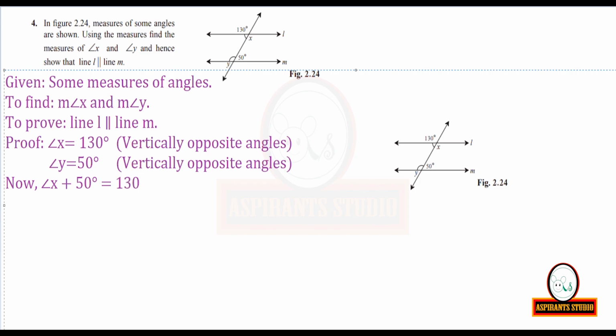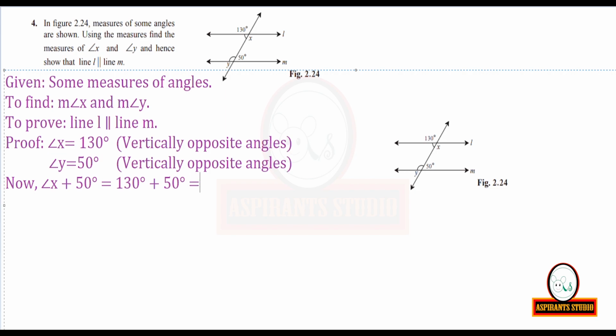They are measures of interior angles. That is equal to measure of angle X, which we already found as 130 degrees, plus 50 degrees, that is equal to 180 degrees. We are getting it to be 180 degrees. So the sum of the measures of the interior angles is 180 degrees.